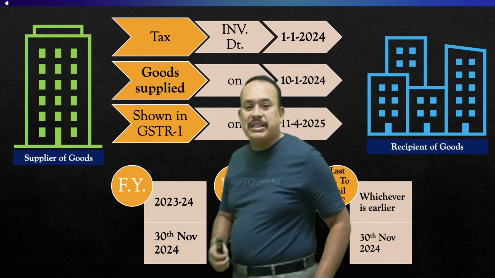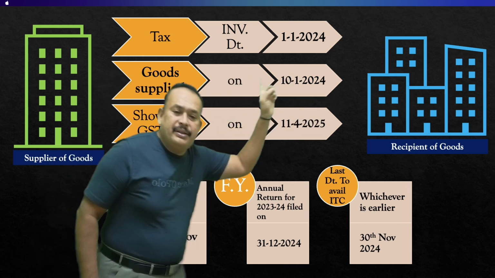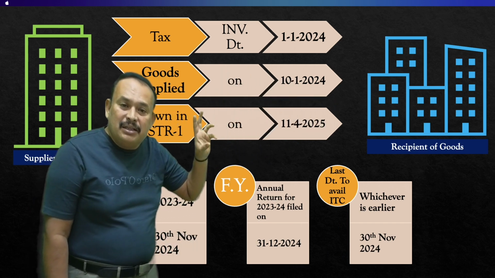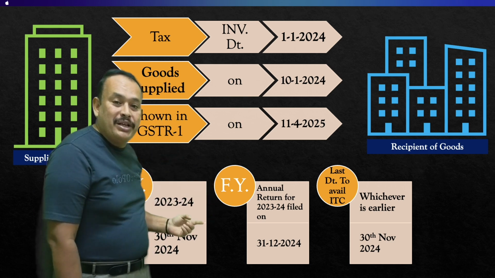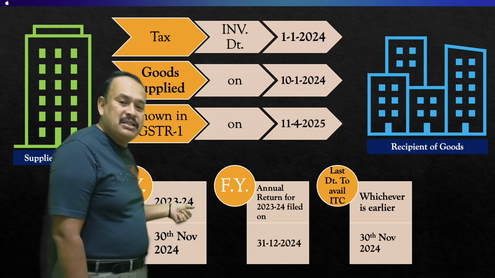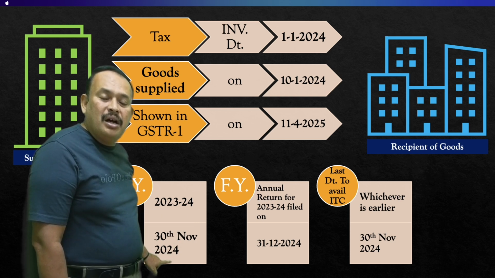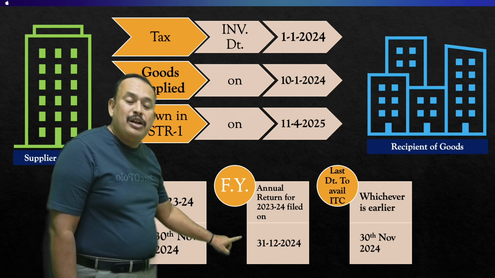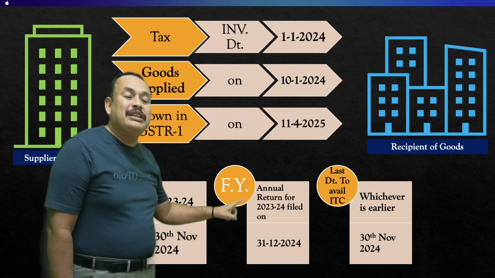That means to avail ITC by the recipient, the time limit for an invoice pertaining to the financial year 2023-24 is 30th November 2024 or 31st December 2024, because they filed the annual return on 31st December 2024.